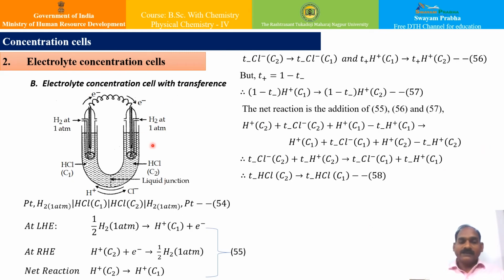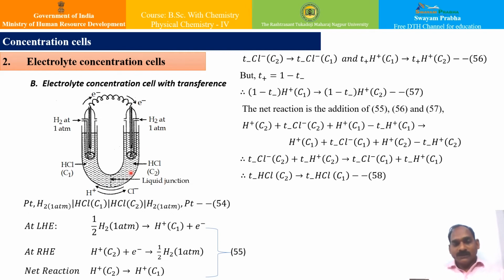Similarly, the other case is the electrolyte concentration cell with transference; previously it was without transference. So look at this particular figure. In this figure, the electrolyte concentration cell with transference, you can see this U tube kind of arrangement.